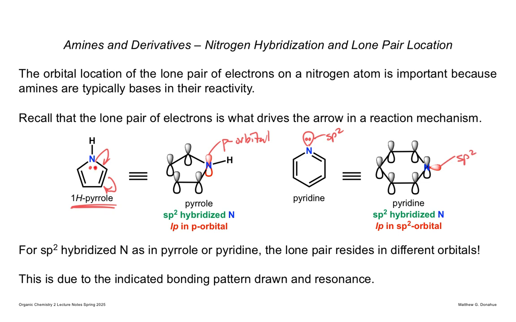So in that case, for pyrrole, because the lone pair is delocalized, it's not a very good base. Whereas in pyridine, it's sticking out orthogonal to the pi cloud. And so now it's a better base. It's more available to abstract a proton.